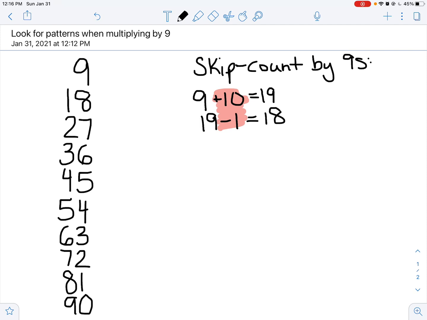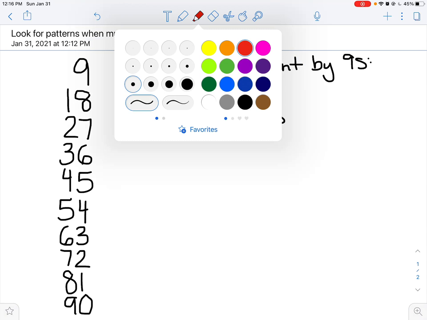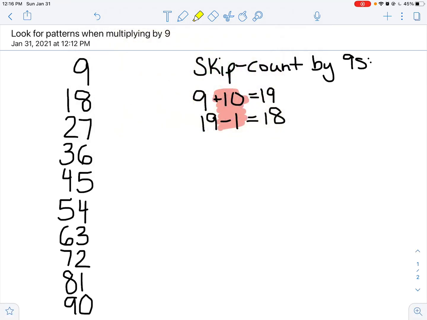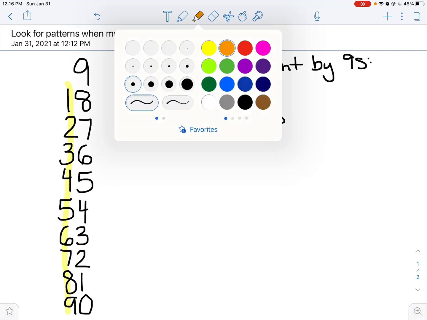Welcome back. Hopefully you've taken a look and thought about some things that you've noticed. Here's what I noticed. See if any of these things are the same as you. I'm looking at this column of numbers, and I see in the tens place 1, 2, 3, 4, 5, 6, 7, 8, 9. That's pretty cool. So when I count by 9s, every single time my tens increase by 1.